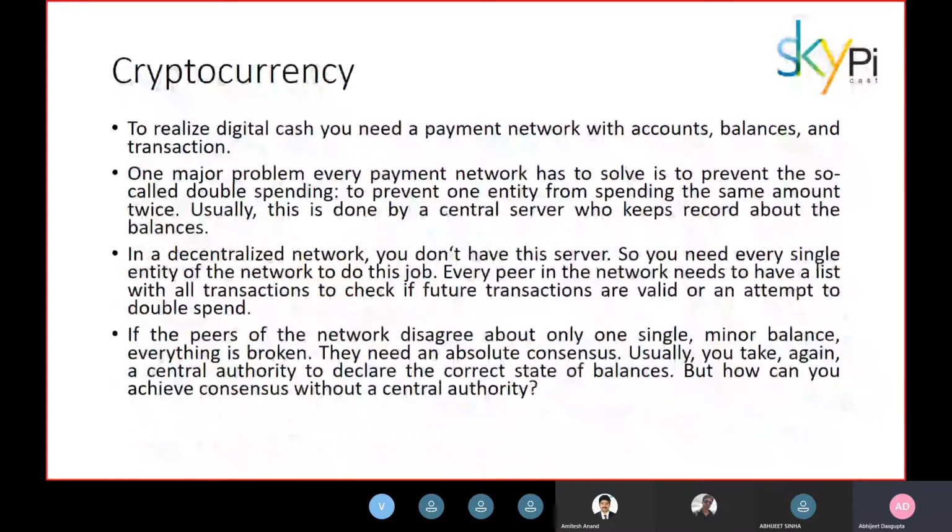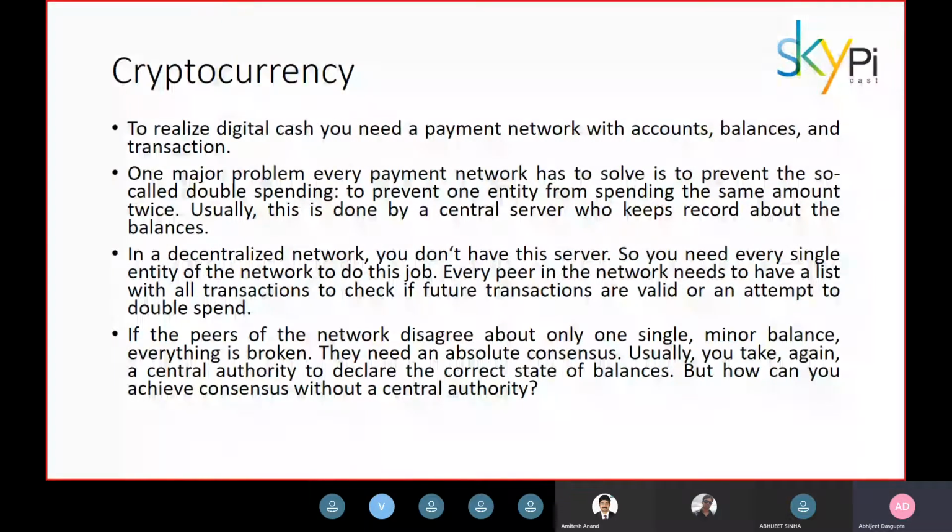Just to continue our discussion on cryptocurrency, to realize any digital cash, we need a payment network with accounts, balances, and transactions. One major problem with every payment network is to solve the so-called double spending, which means to prevent one entity from spending the same amount twice.